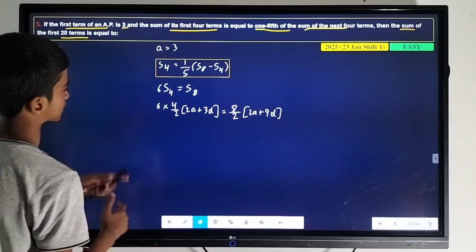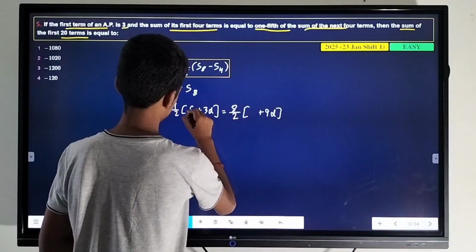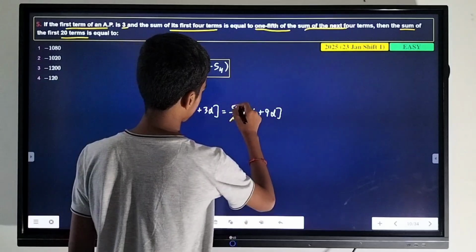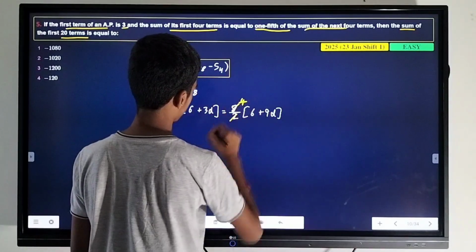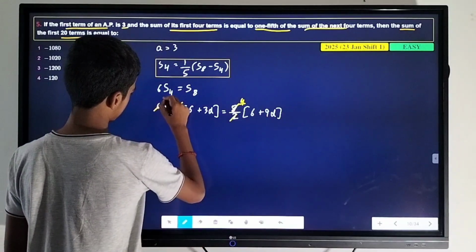Now our a is equal to 3, so 2a will be 6. Here 2 will cancel 8 4 times, 4 and 4 will get cancelled. 2 will cancel 6 3 times.